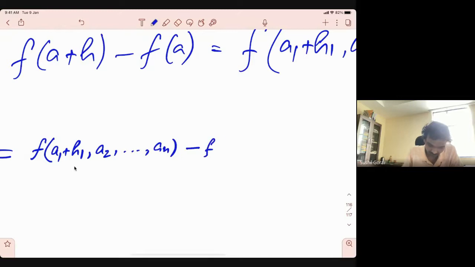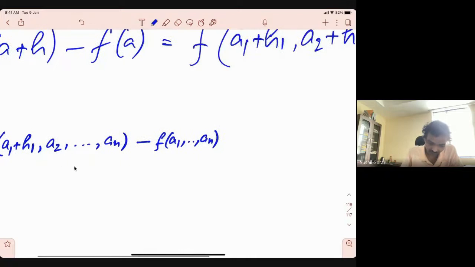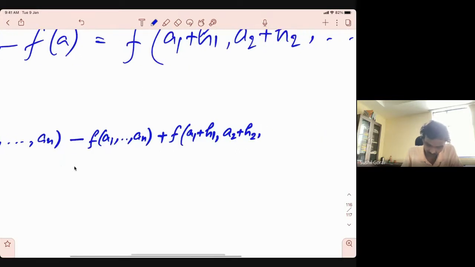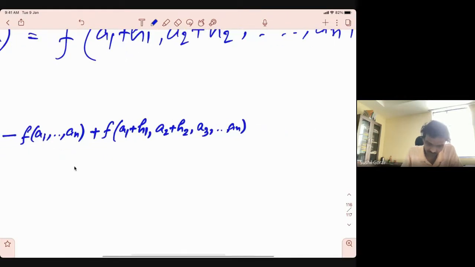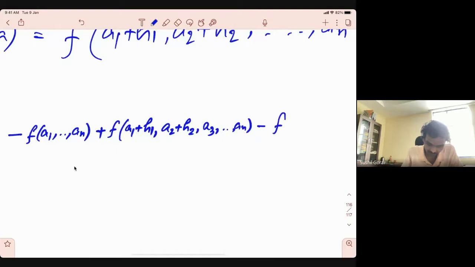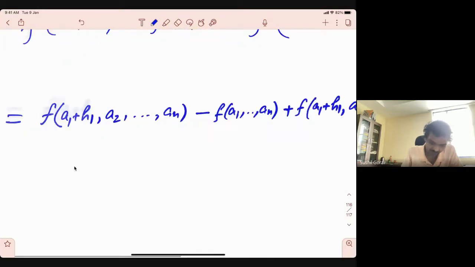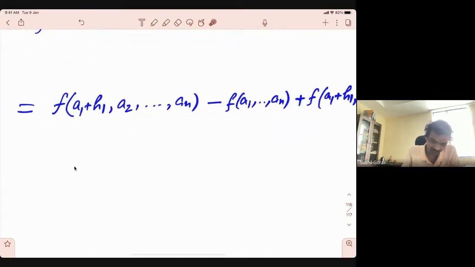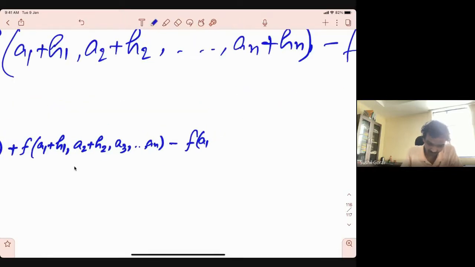f of (a1, a2, ..., an). Then we add f of (a1 plus h1, a2 plus h2, h3, a3, ..., an), minus f of (a1 plus h1, a2, ..., an).